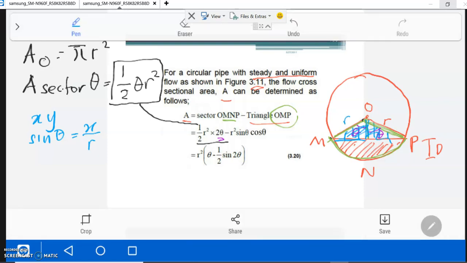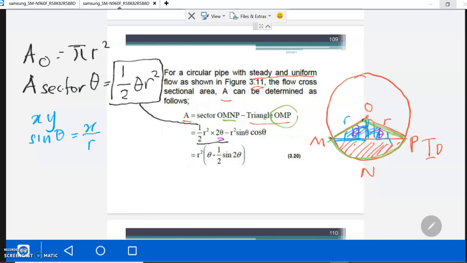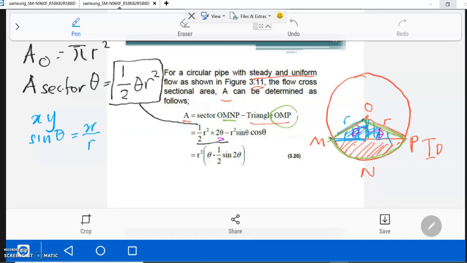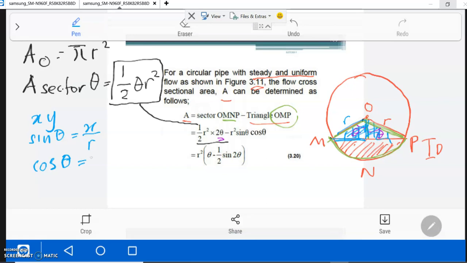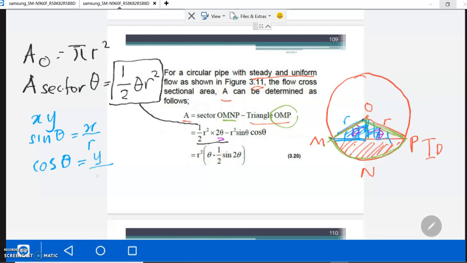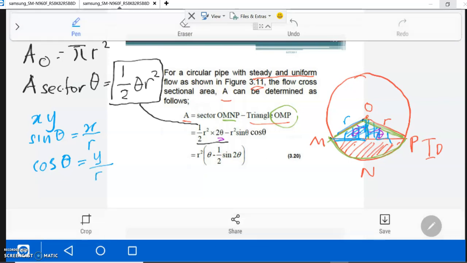Okay, so kita akan gunakan formula sin cos tangent. Since we have theta dekat ni, so yang opposite with theta is x over hypotenuse r. And then again, kita tak tahu y, kan? So cos theta equal to adjacent, y over r, right?